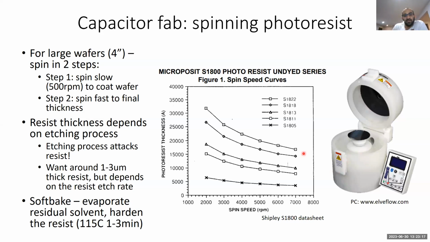And the final spin speed will determine the thickness of your resist after you spin. One recommendation I have is when you spin resist on larger wafers, like 4 inches or above, I recommend you do a 2-step spinning process where you do an initial slower spin in order to coat your wafer fully with resist. And then in the second step, you spin at the higher speed that's going to be reflective of the final thickness that you want.